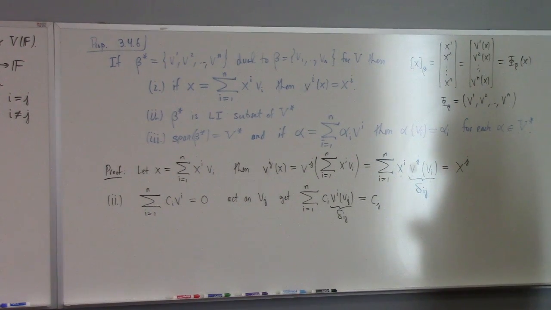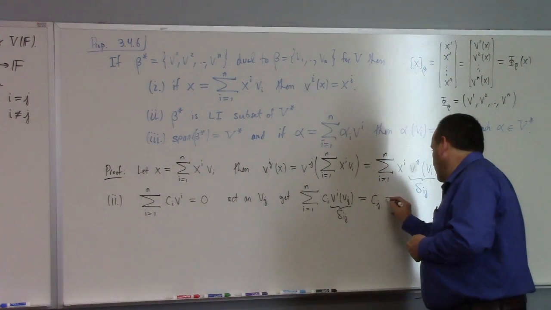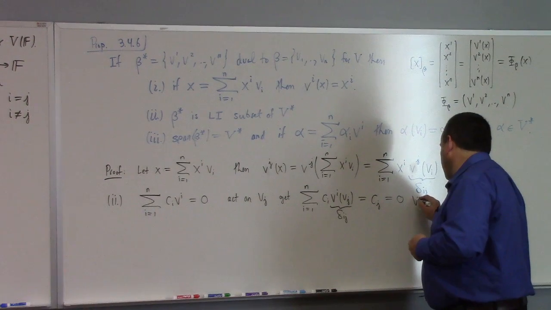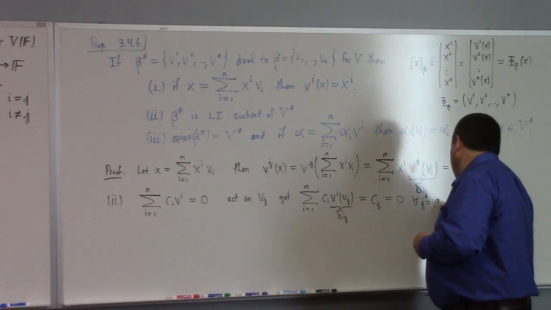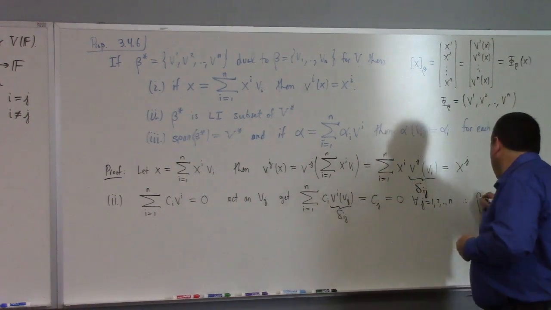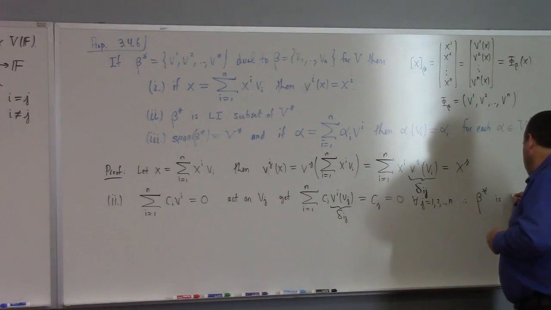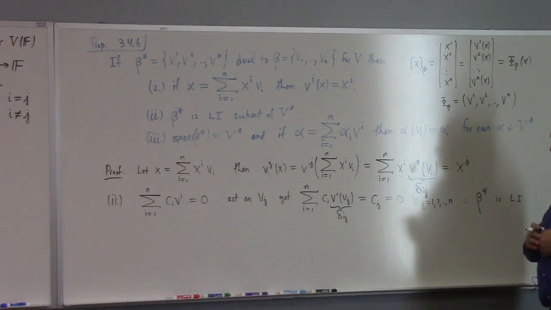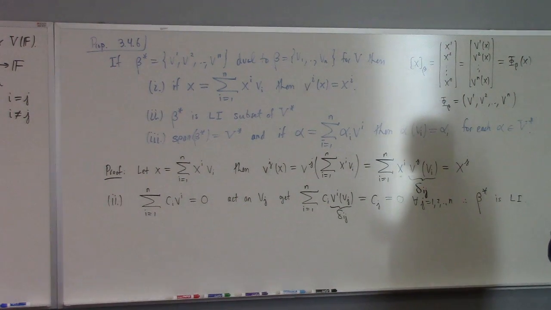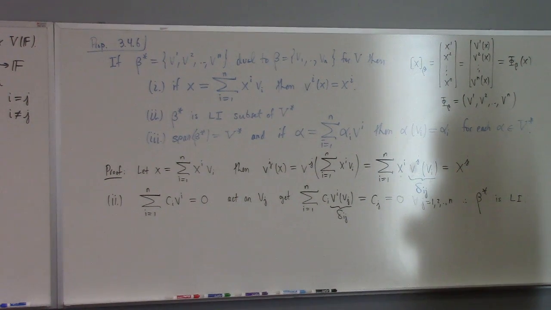So we've just shown that this is equal to 0 for all j. Therefore, the dual basis is linearly independent.